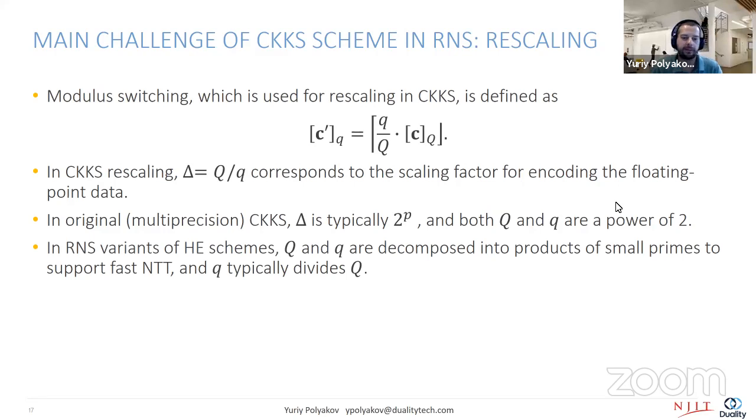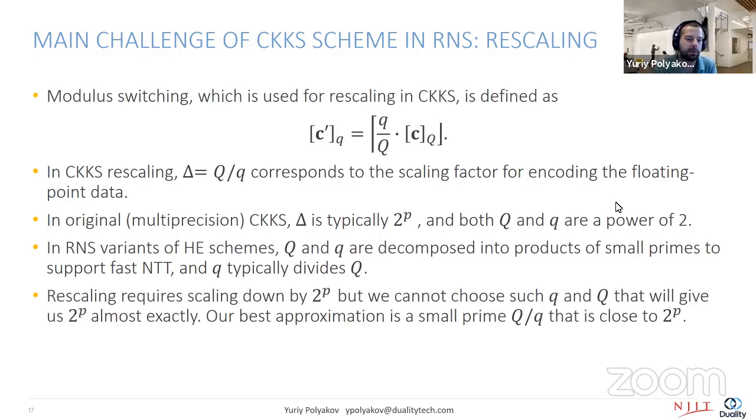In RNS variants of HE schemes, since we have to perform the number theoretic transform efficiently, that's our goal, these two moduli are decomposed into products of small primes, and typically this lowercase q divides uppercase Q. And the operation of rescaling in CKKS requires scaling down by this delta, basically 2 to the power of p.